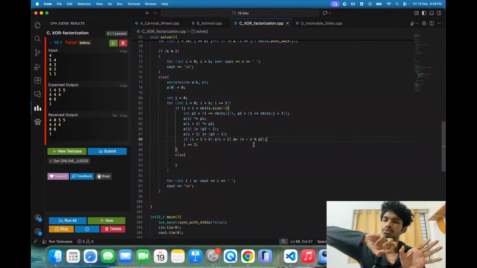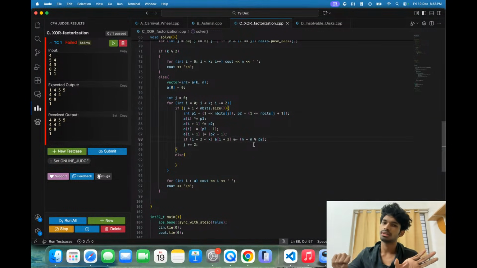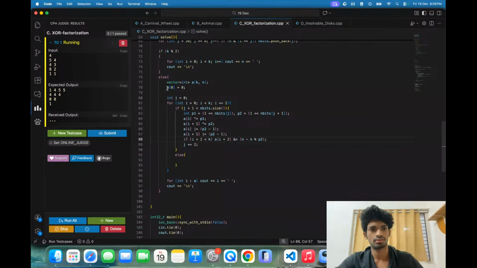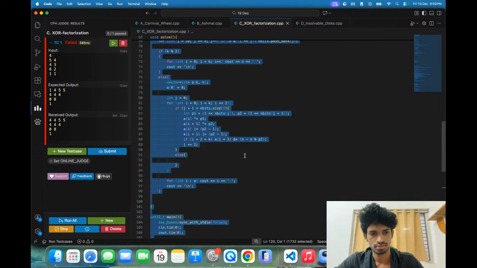I'm trying to remove whatever is here and then do the or. Okay, that should be great. Is it even right? This is zero, right?